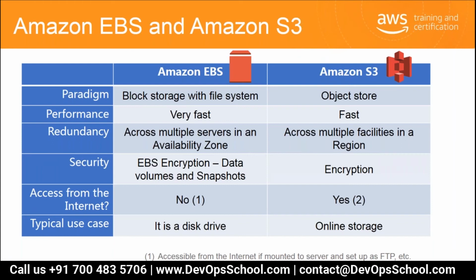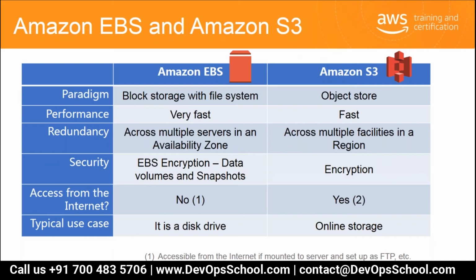Whereas S3 is also fast, but not as fast as your file storage. EBS is available across multiple servers in an availability zone, whereas S3 is available within a region. EBS security comes with EBS encryption, where data and volume snapshots can be encrypted, whereas S3 also comes with encryption.